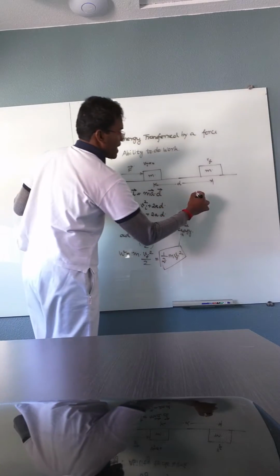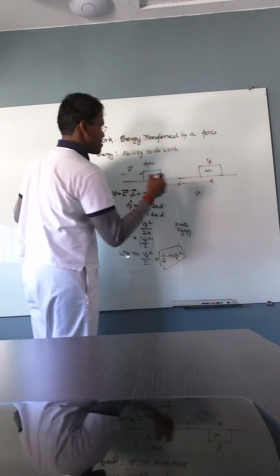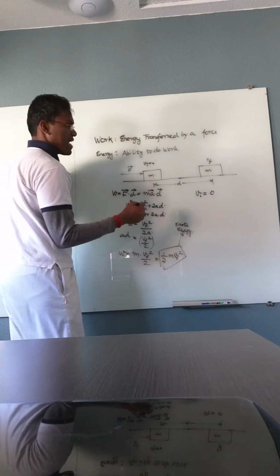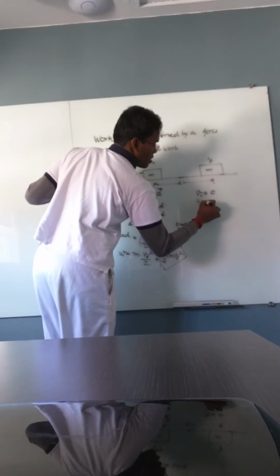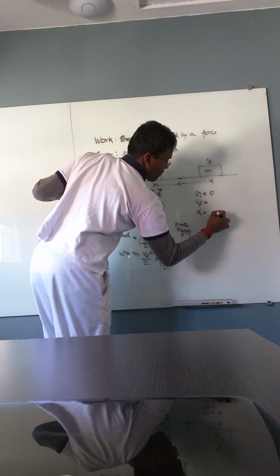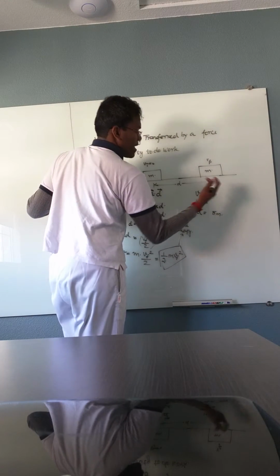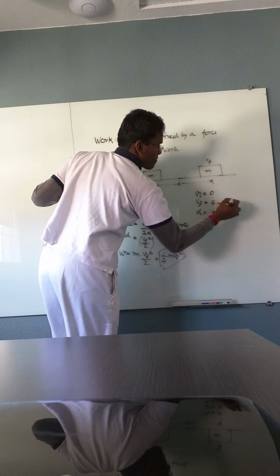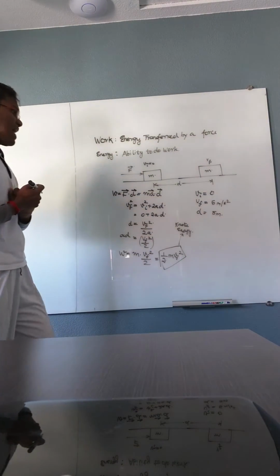So let's take an example to illustrate this. Suppose initially the body was at rest, Vi is 0, and suppose after a distance d, let's say 5 meters, the body was having a velocity of 5 meters per second. So this is all the information we have.